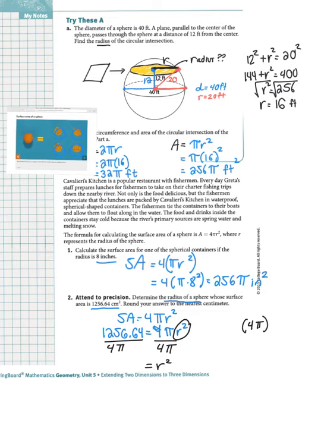So we do 1,256.64 divided by, in parentheses, 4 pi, close the parentheses, and we get just about 100. Now keep in mind that's representing our r squared, so if we take the square root of that, the radius is about 10, and our units are centimeters.